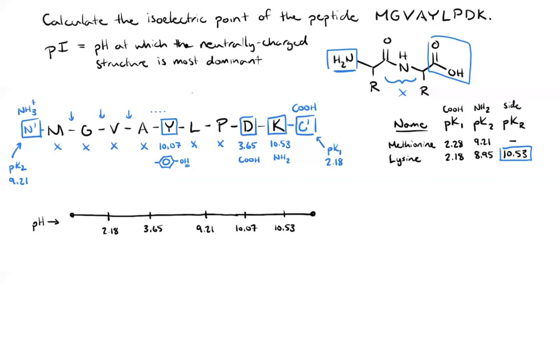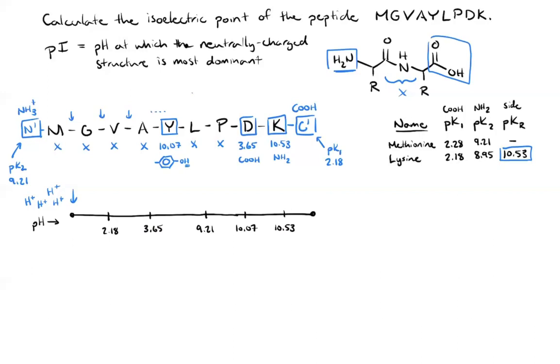All right. So what I will recommend is that we start over on the far left side of the scale. And let's just remember that when we're at a really low pH, we have a lot of hydrogen ions around in our solution. And that's just a nice intuitive way of reminding ourselves that as we get further towards the left, more and more of our groups are going to be protonated.